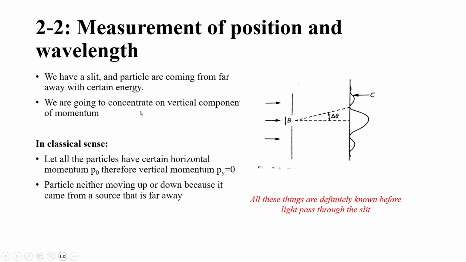We are going to concentrate on the vertical component of momentum. So in the classical sense, let all particles have a certain horizontal momentum, let's say P₀, and therefore vertical momentum Py equals 0. The particle is neither moving up nor down because it came from a source that is far away. All these things are definitely known before the light passes through the slit.